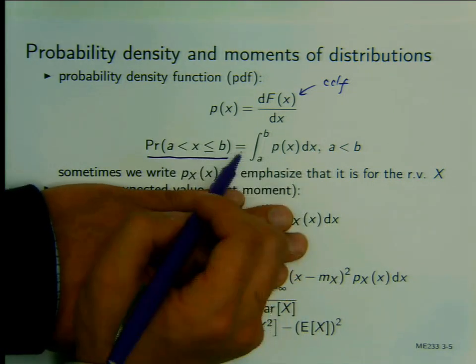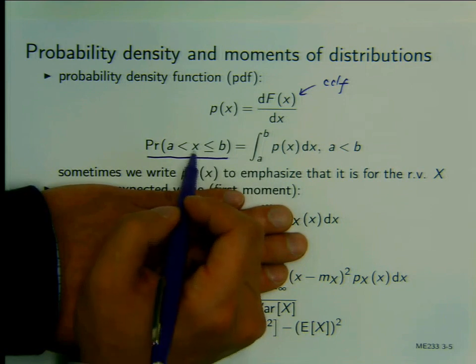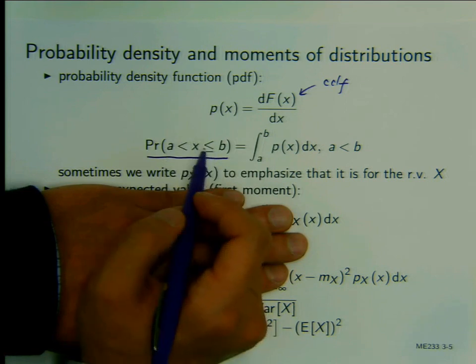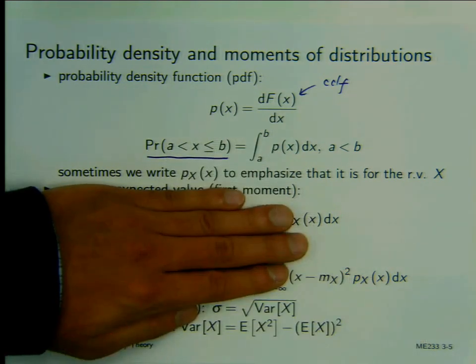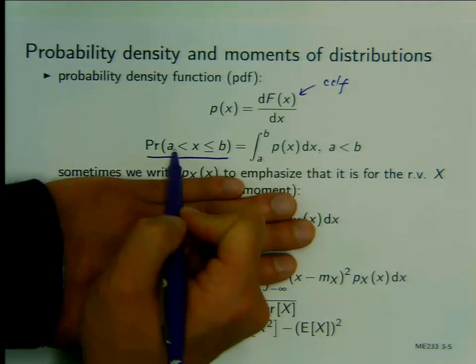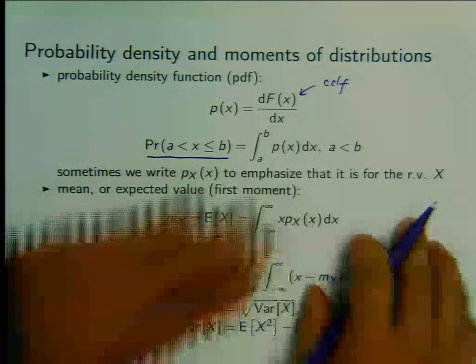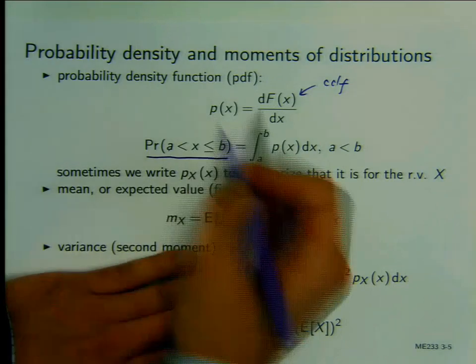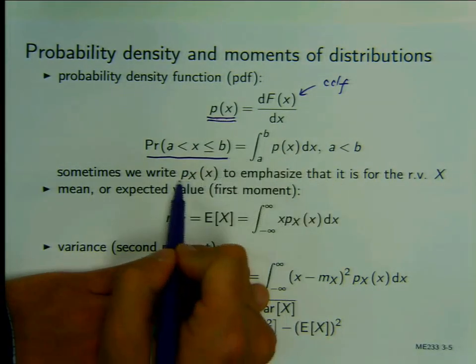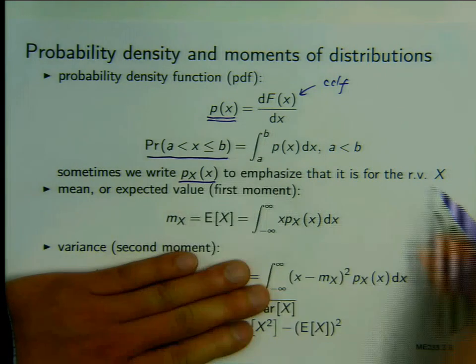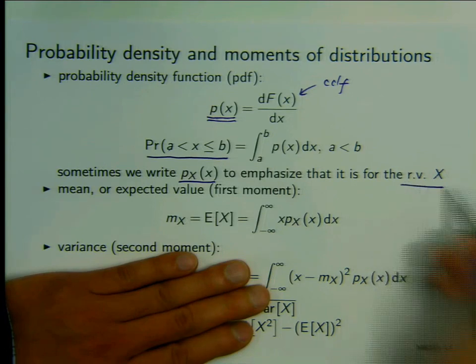Now you see, we're immediately using the random variable definition. It's mapping some outcomes in reality into some values. So that's why we can do this: the random variable falls into some mathematical region and we evaluate the probability, which is the integral here, okay? Sometimes instead of writing this one, we write p_X(x), just to emphasize that this is describing the properties of the random variable X.